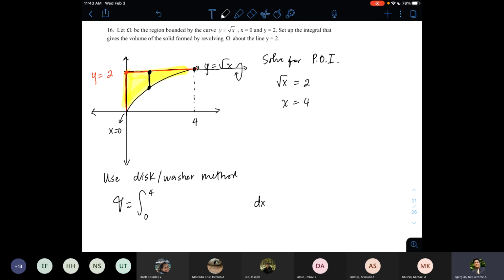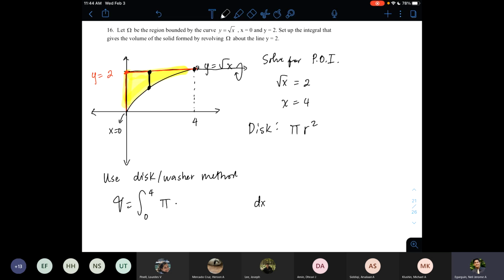So that tells me this is a disk method, because the entire vertical strip lies on the shaded region. And for the disk method, it is simply pi times the radius squared, right? So for a disk, you have pi radius squared.